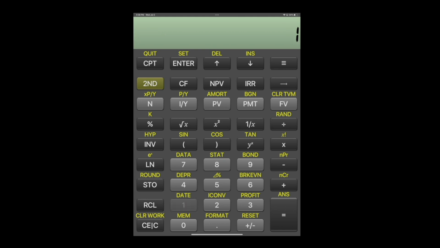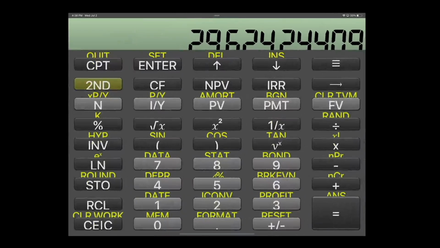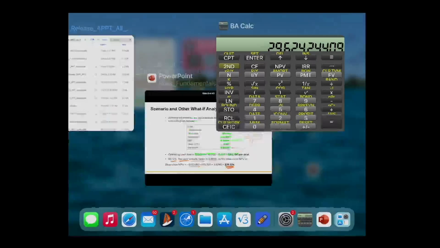We're going to put in our 12% per year, and this is for 5 years, and we're going to compute a present value, and we get 229,624. I'll just get rid of that negative sign, and we subtract off our cost of the project, the 200,000, and voila, we get the 29,624 that is shown on the slide. So everything is copacetic there.